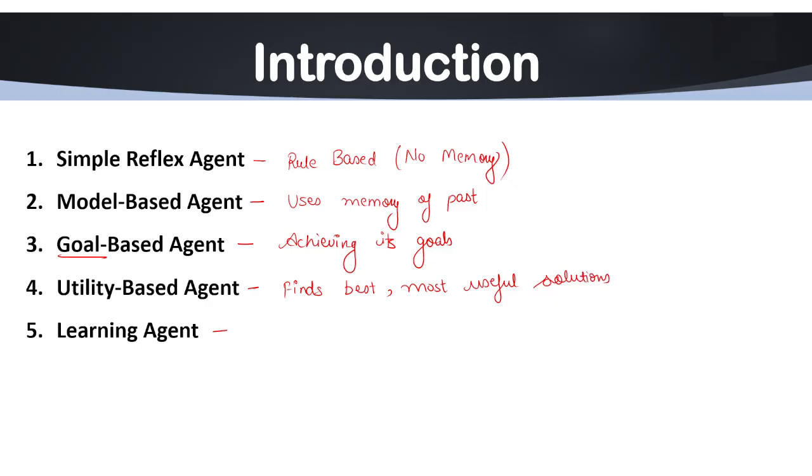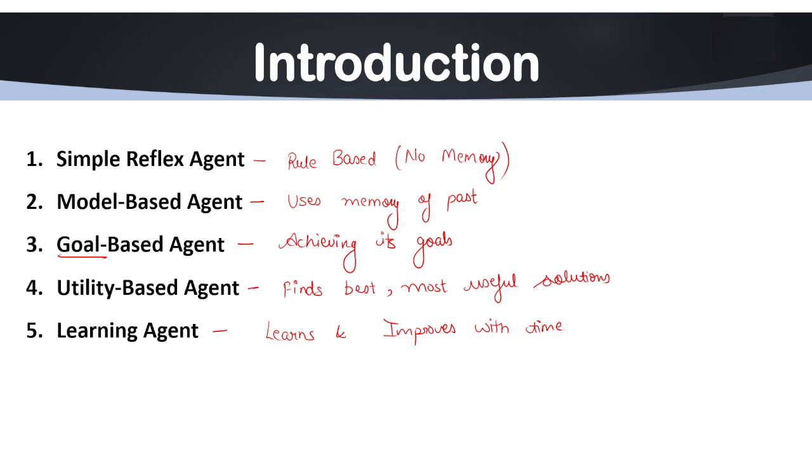Fifth one is learning agent. As its name implies, it always learns and improves with time. Right? So all these are the keywords related to these 5 types of agents.